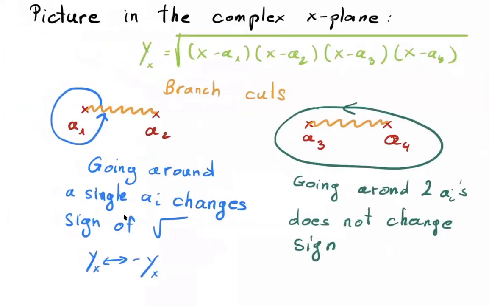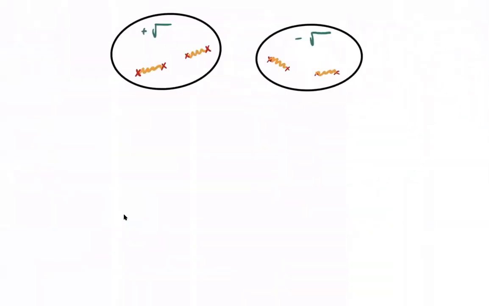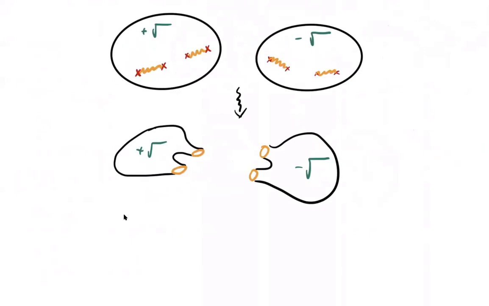Well, they are related by going in a closed loop around one of the branch points, because then y changes sign. So if I go in a loop around branch points, I must jump from one of these copies to the other. And I can do that as follows. So I cut open my 2 complex planes along the branch cuts. And I get 2 kind of tubes, or if you want, balloons with 2 holes.